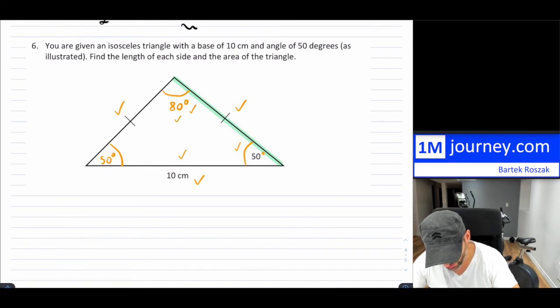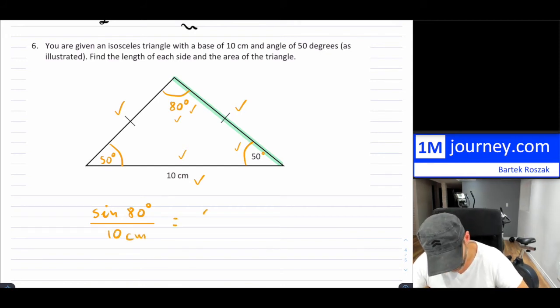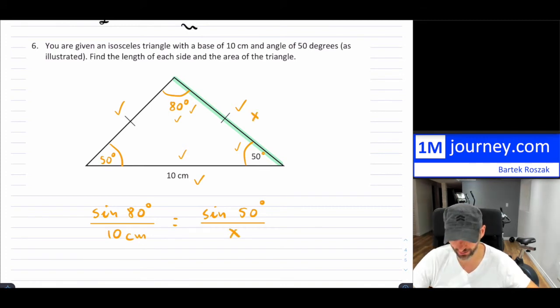So from the sine law, I have sine of 80 degrees divided by, so I'm attaching it to the 10 centimeters, is equal to sine of 50 degrees divided by my unknown. So here that side be x. You can do the opposite side as well because it's isosceles.